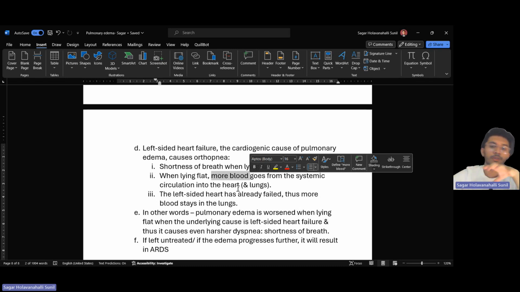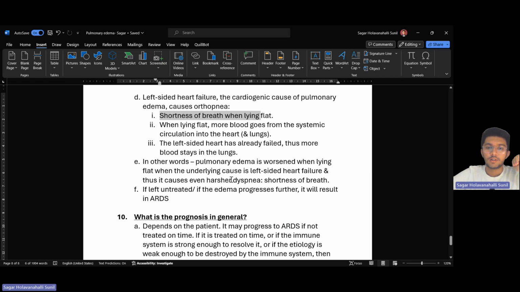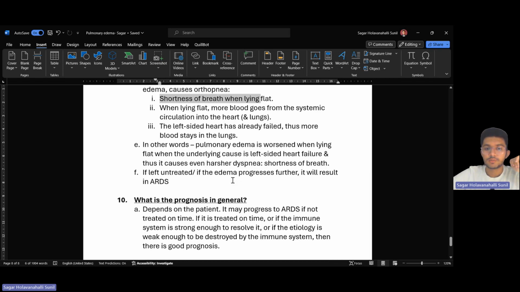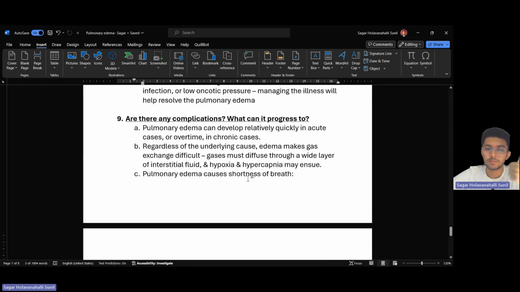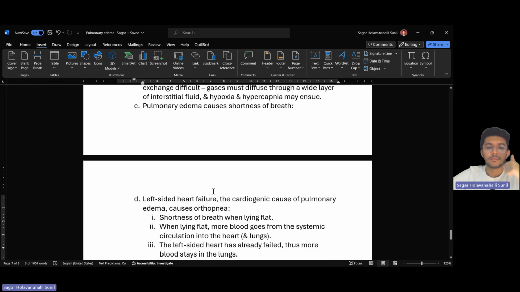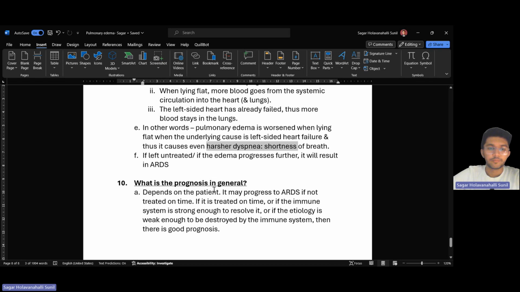And so there'll be more chances of the blood just collecting in the lungs. And this can also result in shortness of breath when lying flat. That's pretty much it. So there'll be dyspnea, shortness of breath, difficulty in breathing, difficulty in sleeping, maybe higher respiratory rate temporarily, etc.